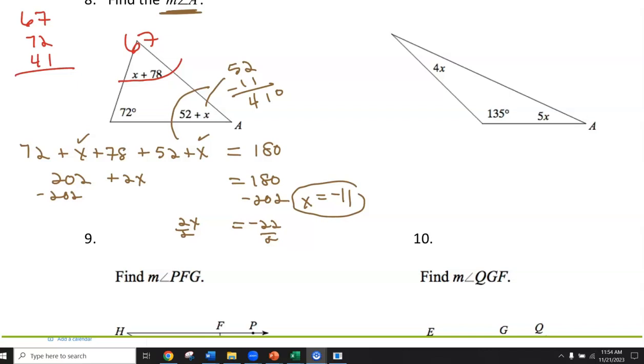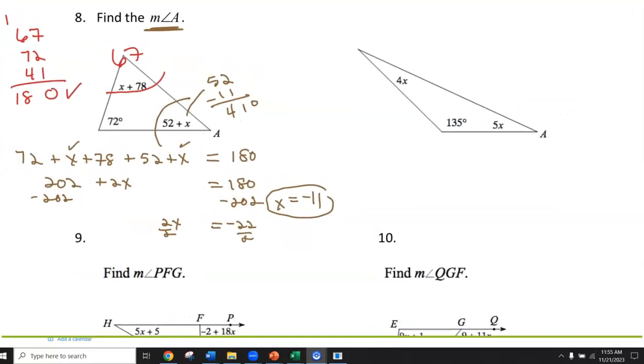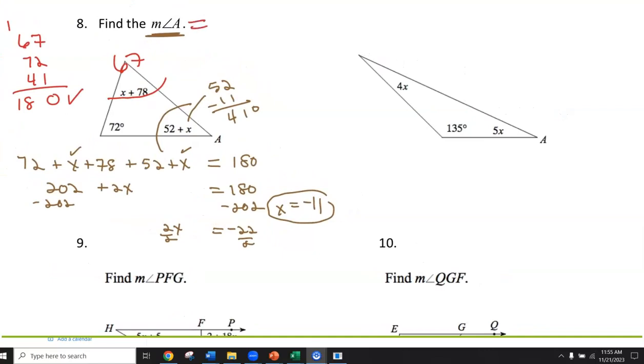So 7, 8, 9, 10, then the 0, carry the 1. 6 and 4 is 10, and 7, 17, and 1 is 18, checks. So check your work because you can do it and you'll find a mistake if you've made it. Okay, so the measure of angle A, which is what they asked us for, is going to be 41 degrees. So make sure in all your work you're giving them the answer to.